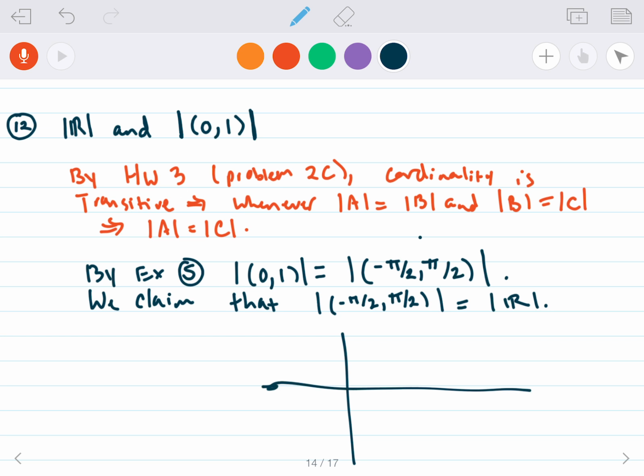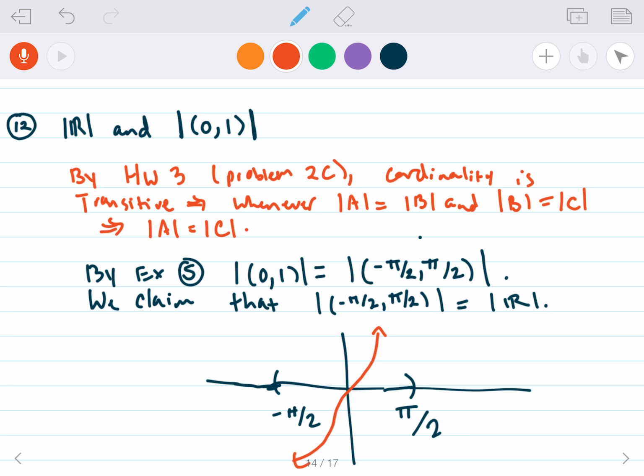We have negative pi over 2 to pi over 2. I'm not good at drawing symmetric things, but there it is. And we want everybody to get hit in the range. So we want something like this, maybe.